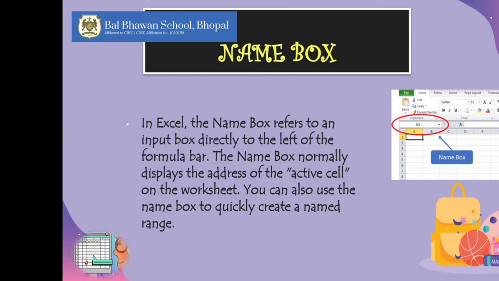So you can use the name box to quickly create a named range. Right now, this name box is displaying A1. So A1 is the active cell. If we change the cell to B1, the name box will display B1.